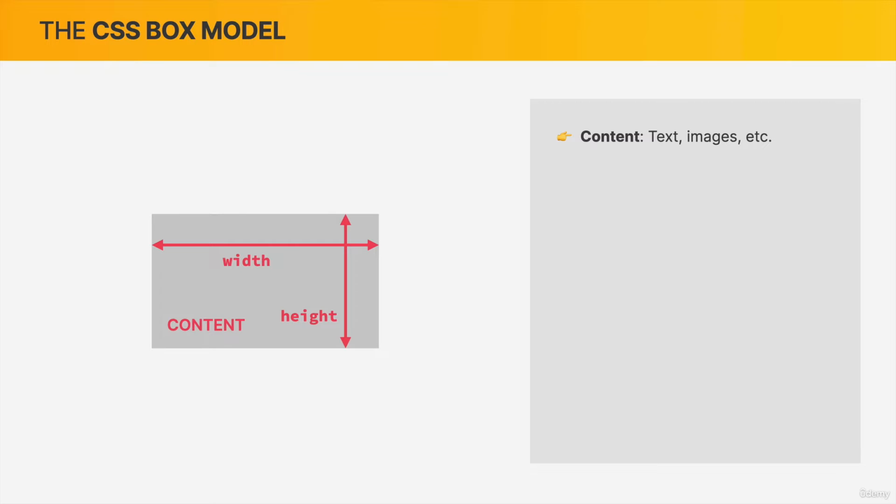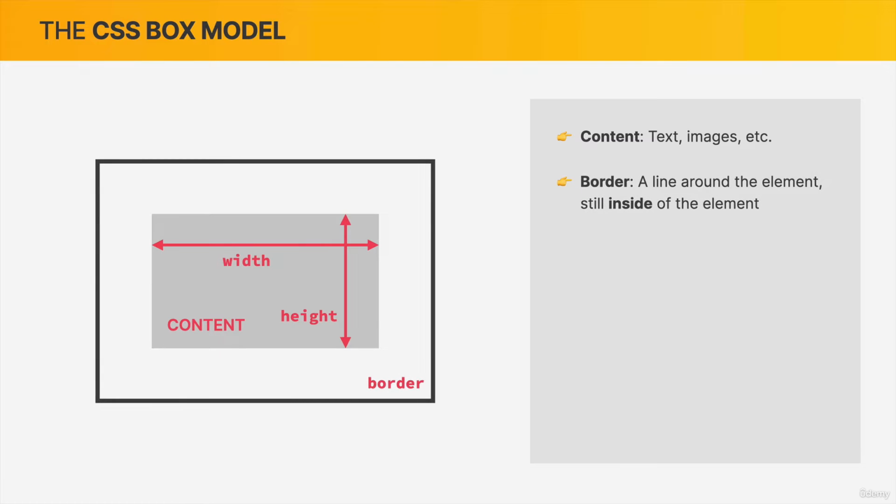Next, we can define a border that goes all around the element. And actually, we already did that before, remember? And by the way, this border is technically still inside of the element. And now the next ingredient of the box model is the padding. So padding is basically invisible white space that we can create around the element's content, so between the content and the border.